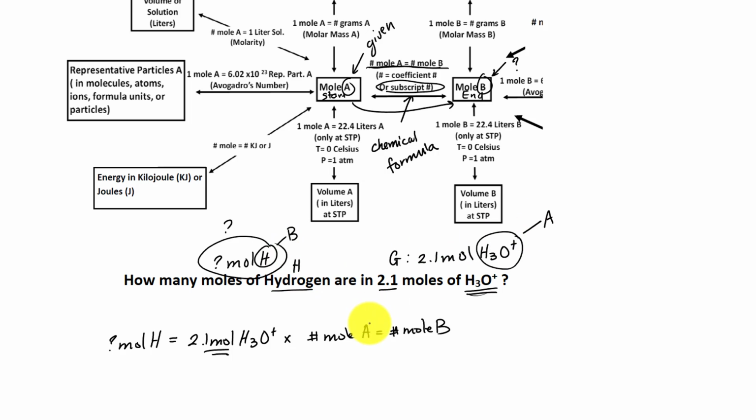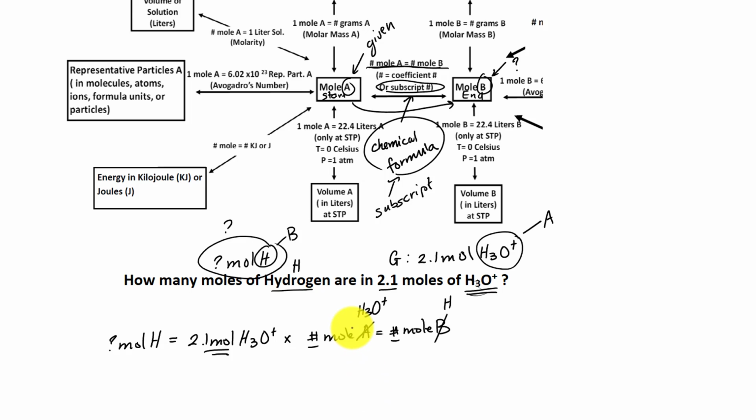A is my given chemical, so I can substitute in H3O+. And my B in this case is the chemical of the unknown, which is H, or hydrogen. Now, how do I get these values right here? These values are either coming from the coefficient or the subscript. But since we are dealing with a chemical formula, we are looking at the subscript.